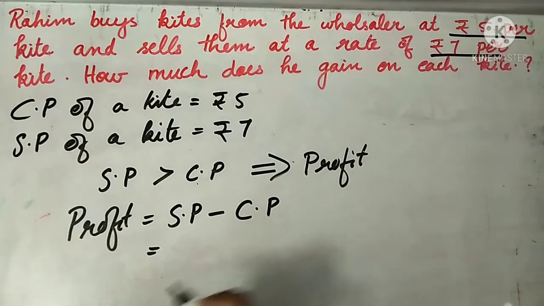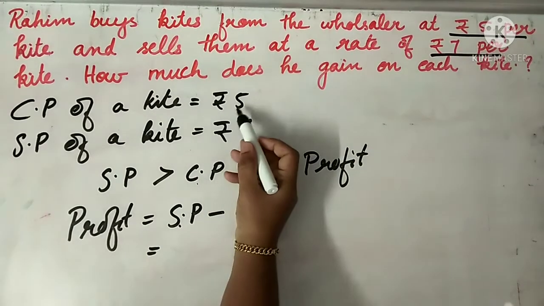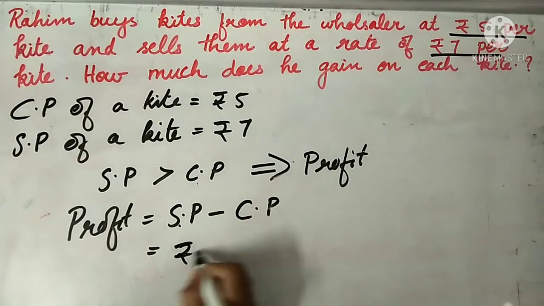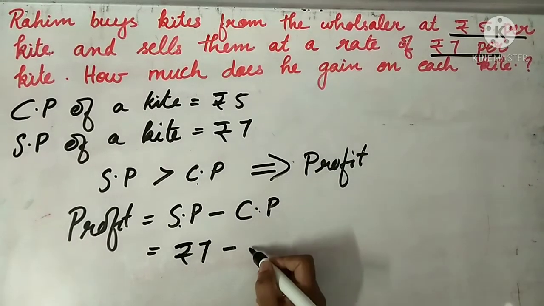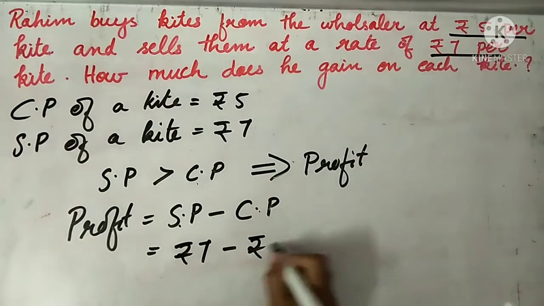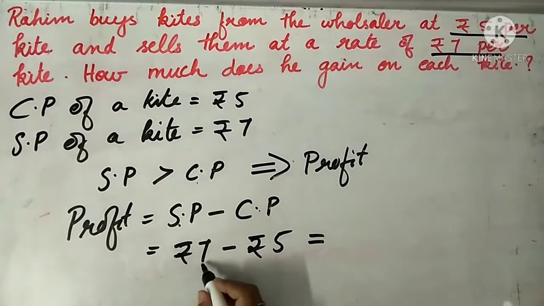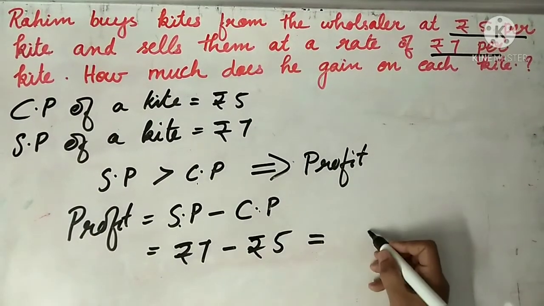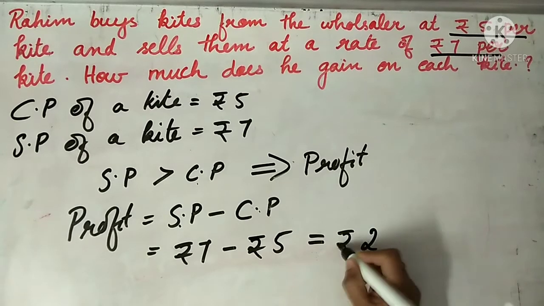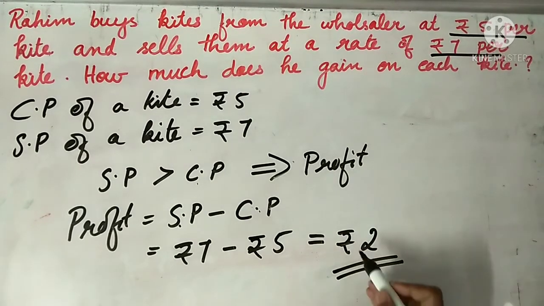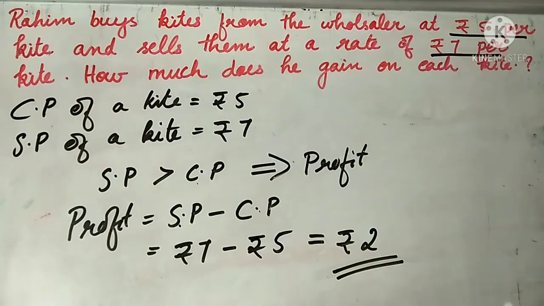While substituting the value we get, instead of SP we can write rupees 7 minus, instead of CP we write rupees 5. That is equal to 7 minus 5 is equal to 2 rupees. So Rahim get 2 rupees gain on each kite.